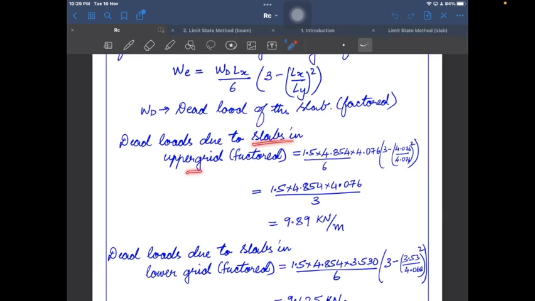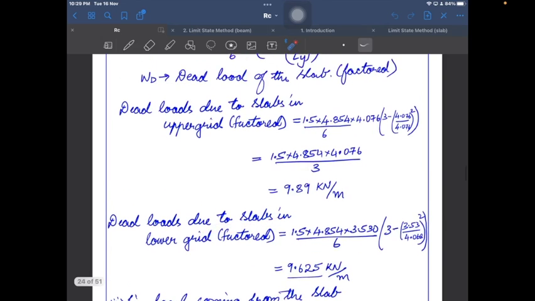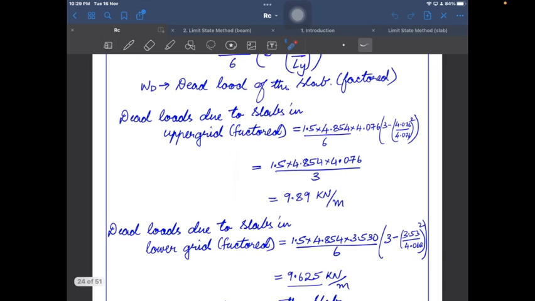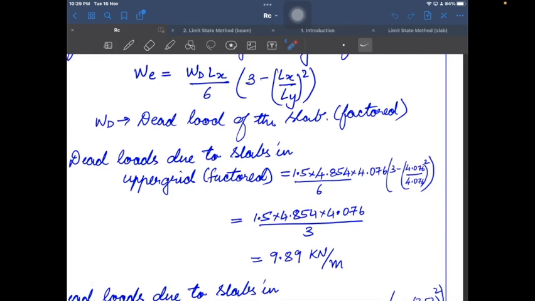WD is the dead load due to the slab, upper grid and lower grid. From the upper grid, dead load will be coming, and from the lower grid dead load will be coming, and these both will be different. Because the dead load is the same for upper grid slabs and lower grid slabs, but acting on the beam it will be different because they have different lx and ly.